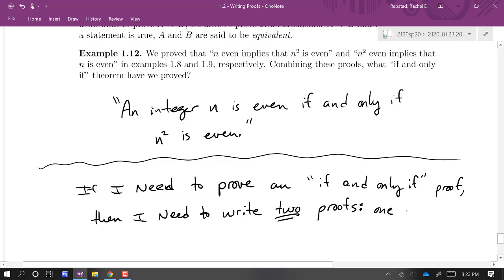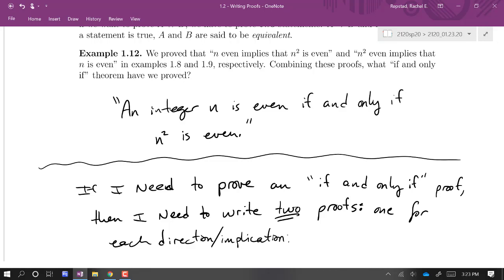One for each direction. Not all the time, but sometimes, once you've got one direction down, you could sort of use that and those same ideas to help you go in the other direction. You just have to make sure, like when we did the n is even, then n squared is even, and then went the other way, we took a similar approach each way.